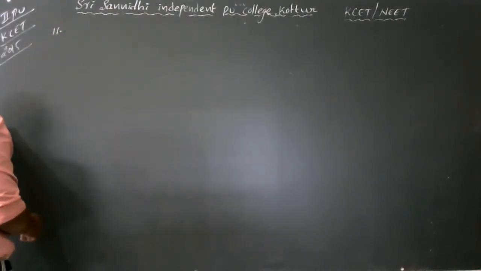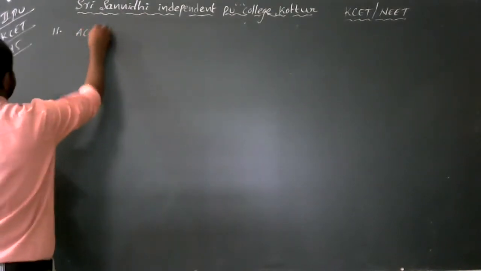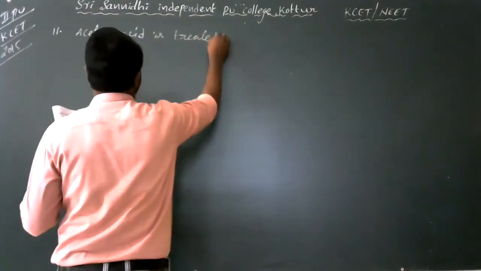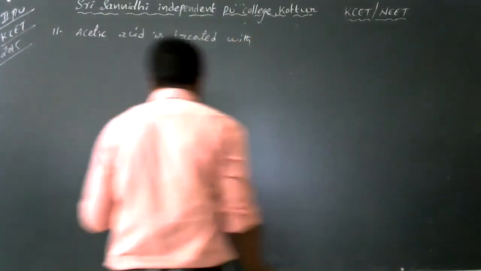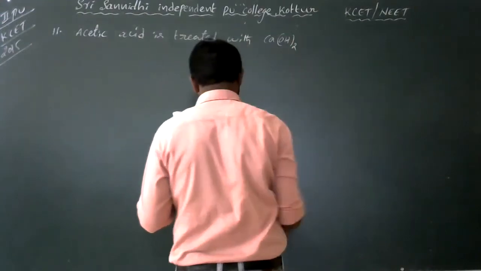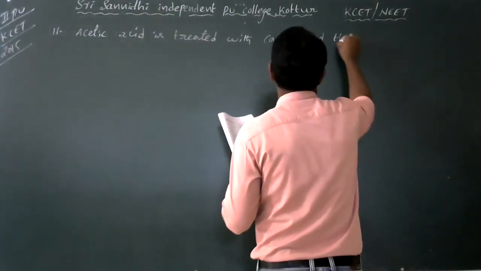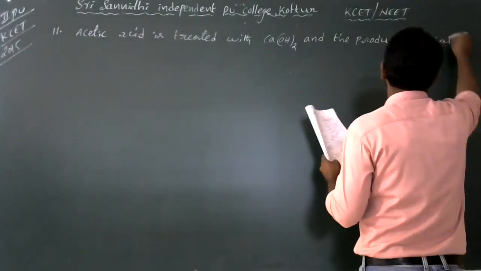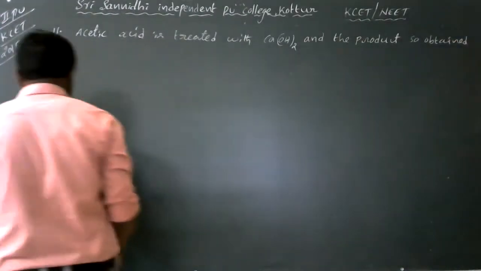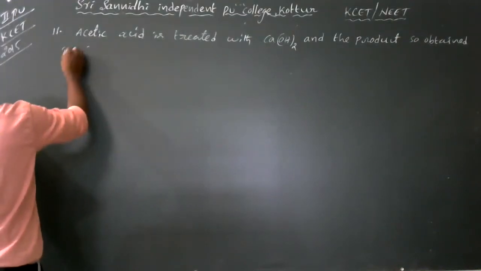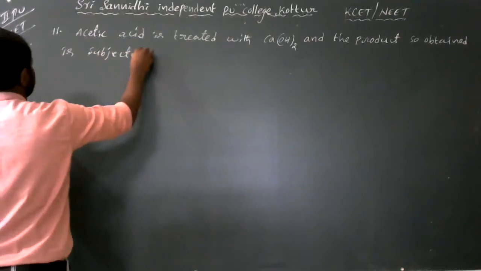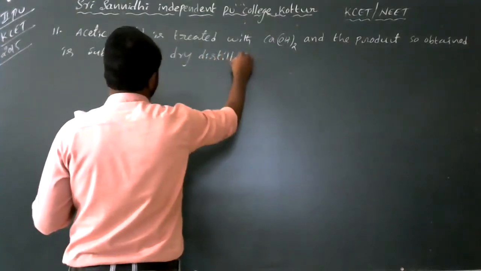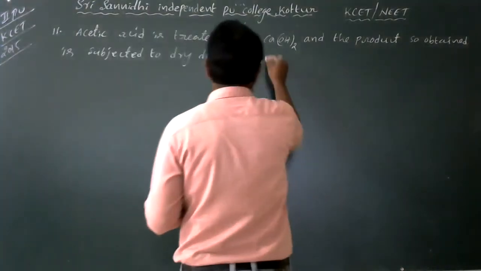In your serial material, acetic acid is treated with calcium hydroxide, Ca(OH)2, and the product so obtained is subjected to dry distillation. The final product is?